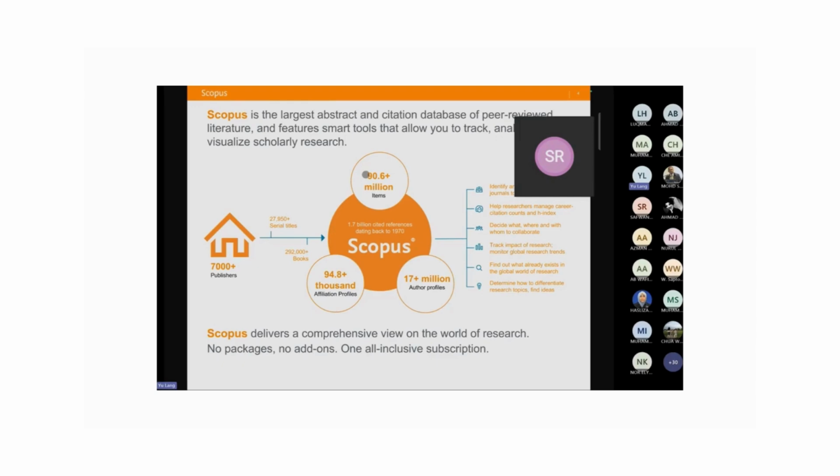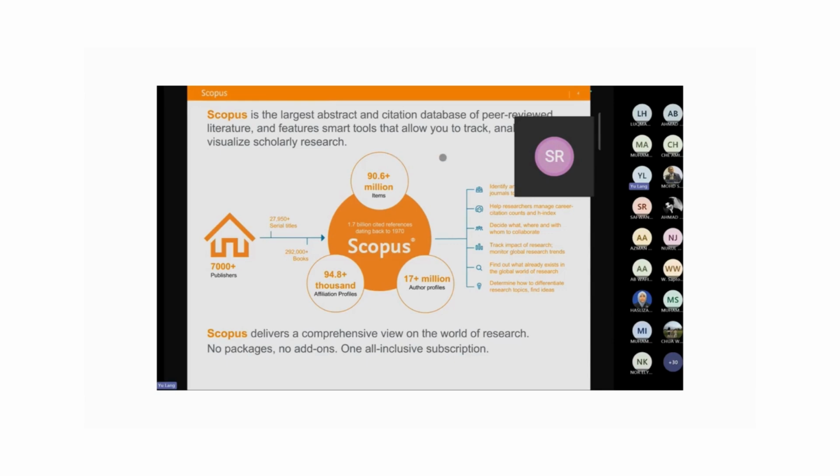It delivers over 90 million publications or documents contributed by about 17 million authors from 95,000 affiliations across the world. And you can also find about 300,000 book chapters indexed. So it's a very large content coverage database of abstracts and citations.